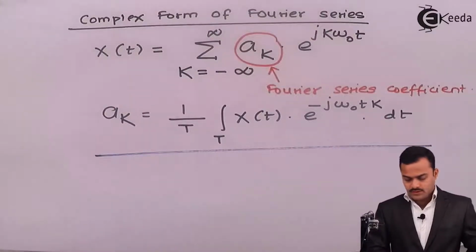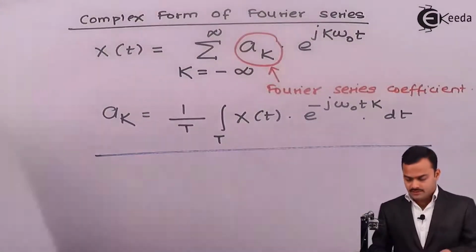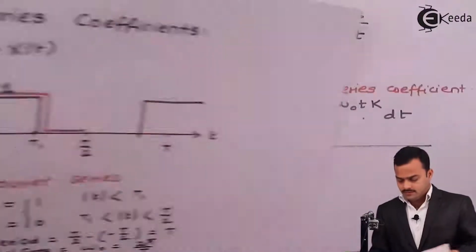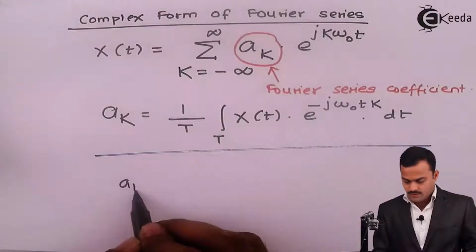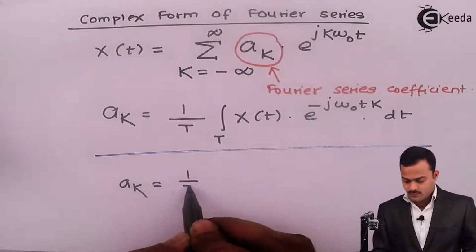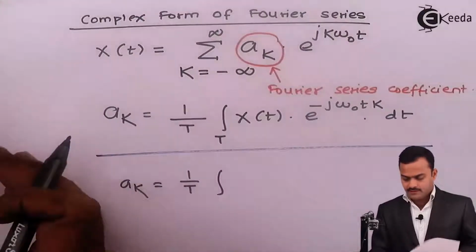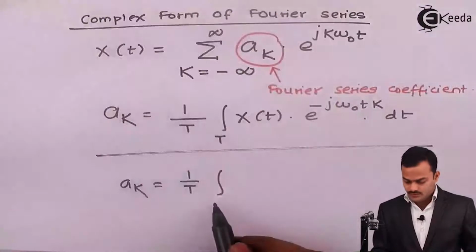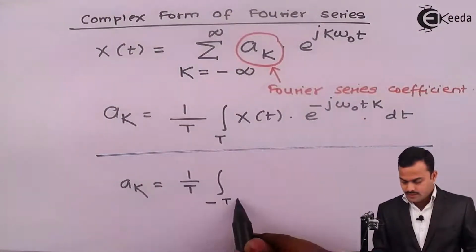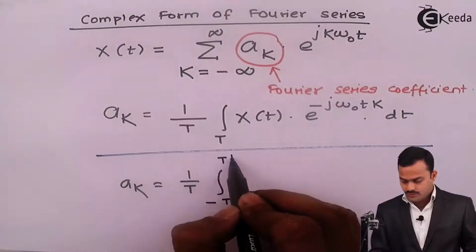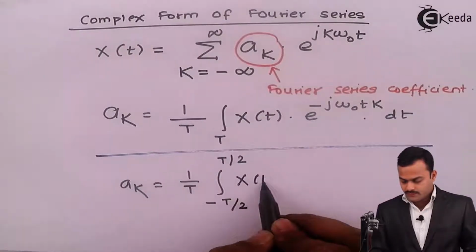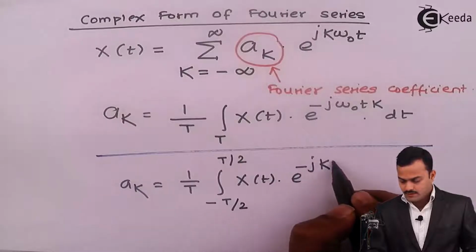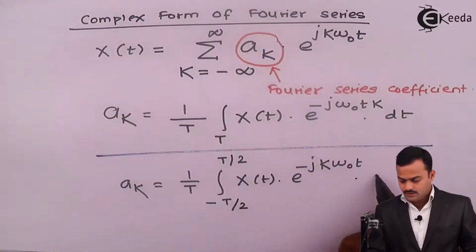Let's apply this formula to the waveform that we have defined. So this is the waveform we are having. The time period is T only. So I can say now a k equals 1 upon T integral. Now the waveform exists from minus T by 2 to T by 2. So the integral will have the limits minus T by 2 to T by 2, x of t into e raised to minus j k omega 0 t dt.